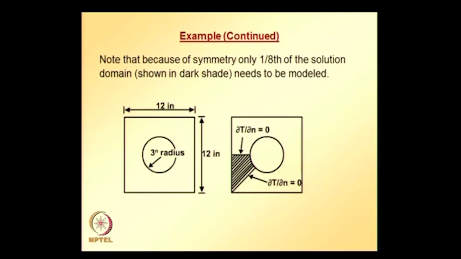So as usual we need to solve the second order partial differential equation subjected to these boundary conditions, that is, the T value at the center, or the T value at the inner diameter, is 500 degrees Fahrenheit, and the T value at the outside is 100 degrees Fahrenheit, subjected to those conditions and subjected to the natural boundary conditions along the line of symmetry.